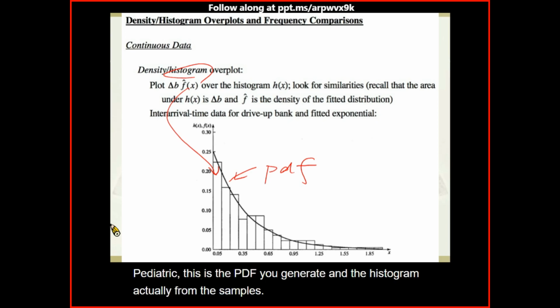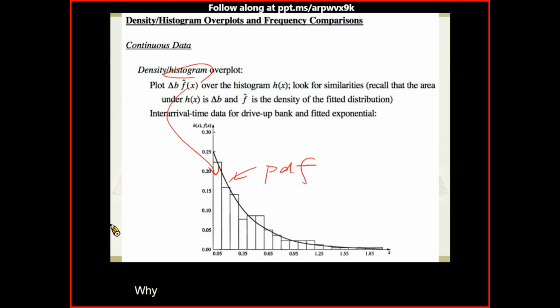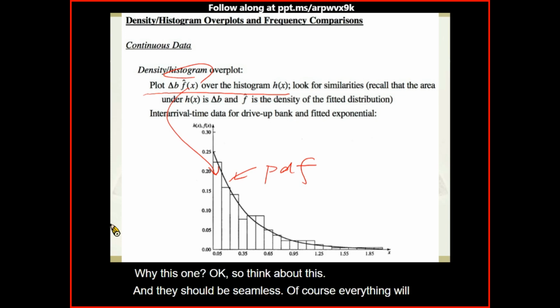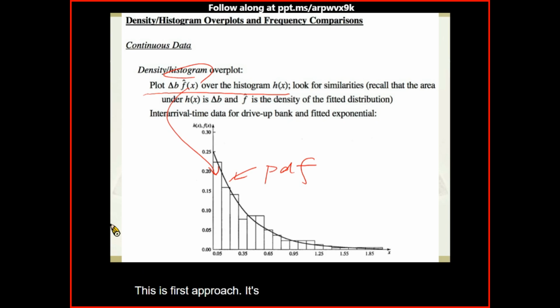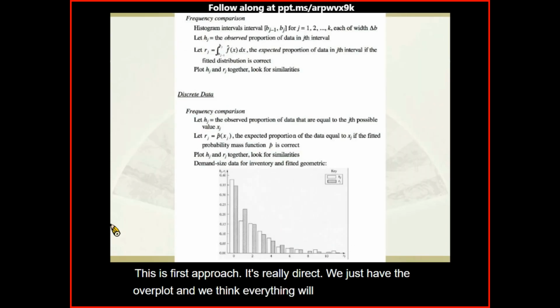Think about this. They should be seamless, of course, and everything will be okay. This is the first approach. It's really direct. We just have the overplot and we think everything will be okay.